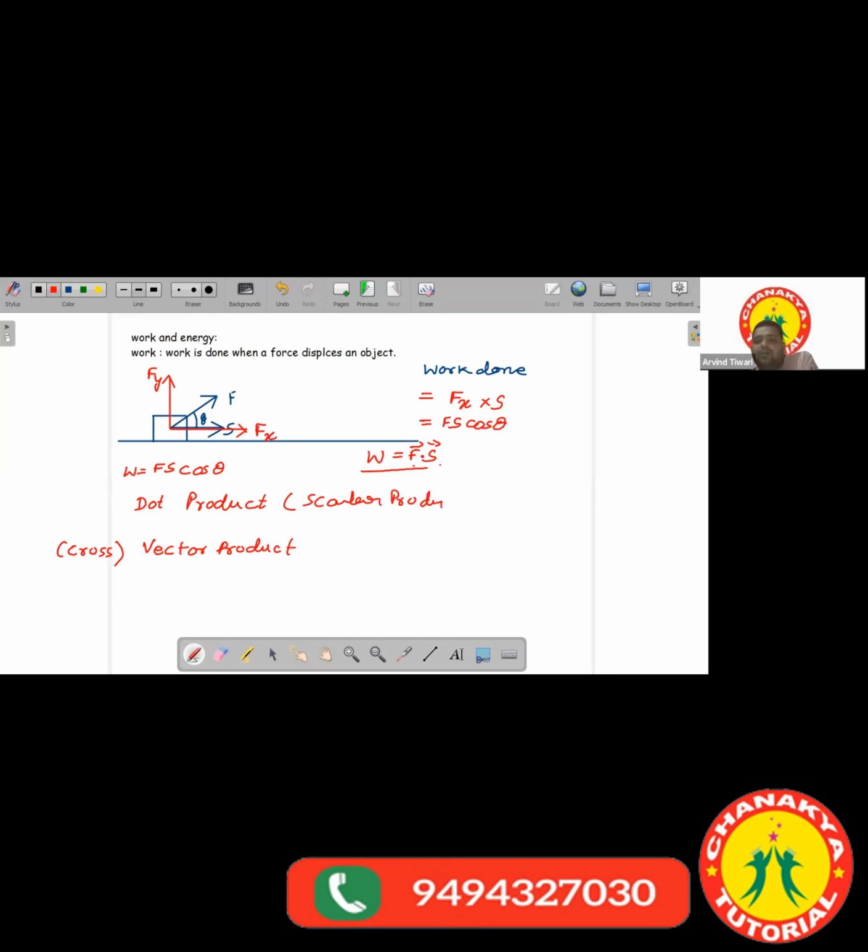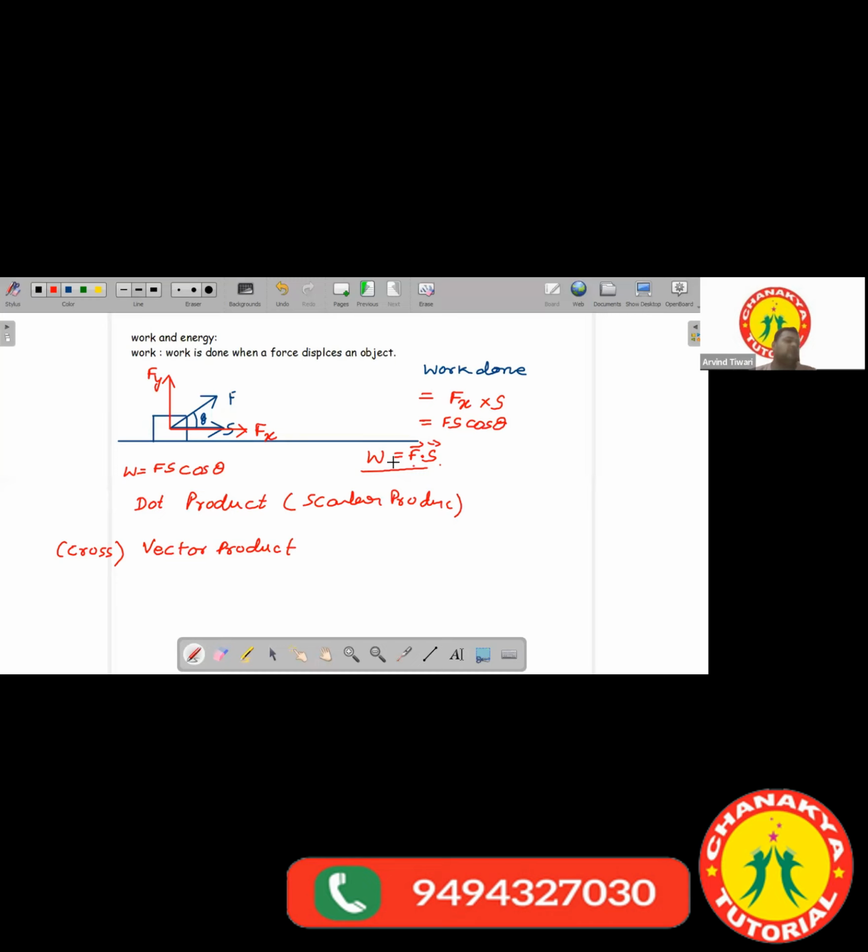So see, where all do we use scalar products? If two vectors are multiplied with each other and you get a scalar quantity as the answer, then we use the dot product. For example, work done by a force is obtained by multiplying force and displacement, where work itself is a scalar quantity, but force and displacement are vector quantities.